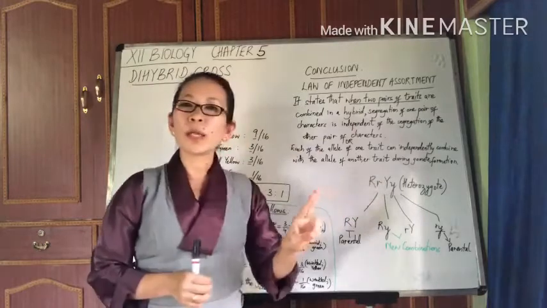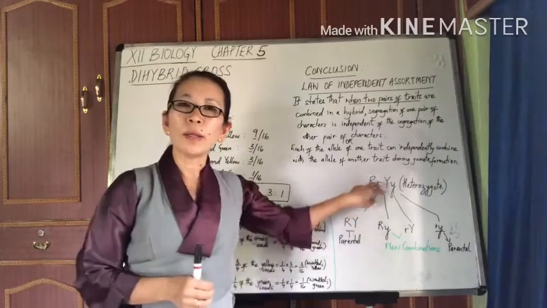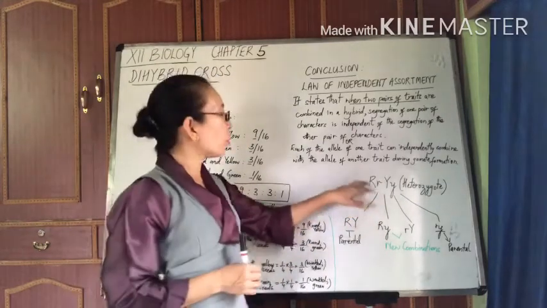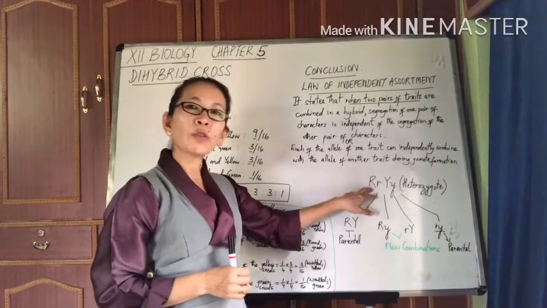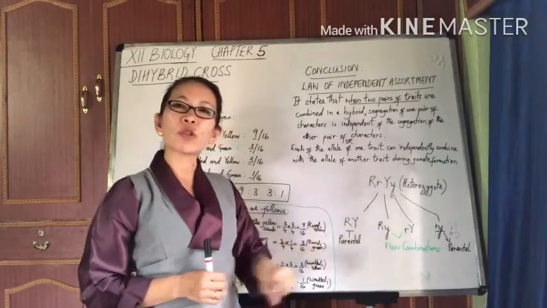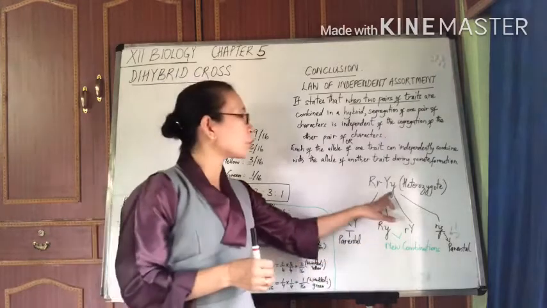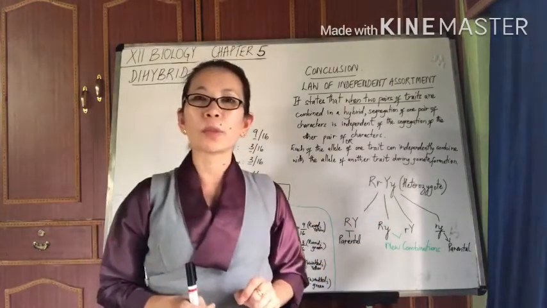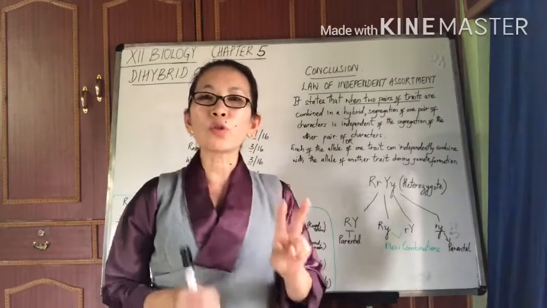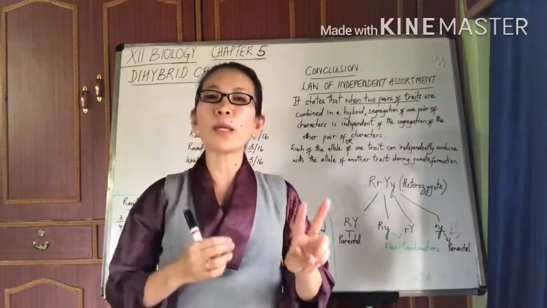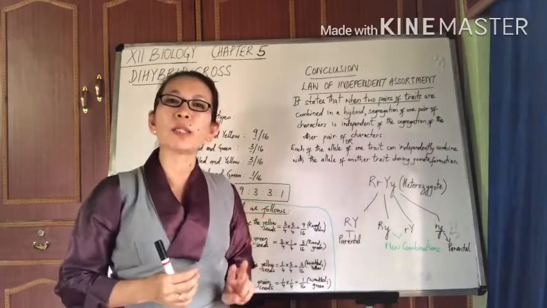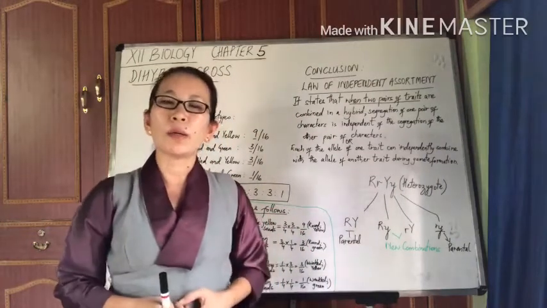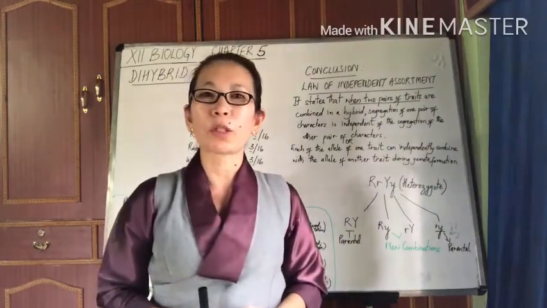When the round and yellow traits are present together in, let us say, a plant, segregation of the round trait is independent of segregation of the yellow trait, and segregation of the yellow trait is independent of segregation of the round trait. So he means to say here that the two traits are not going to be affecting or influencing each other at the time of segregation during gamete formation.